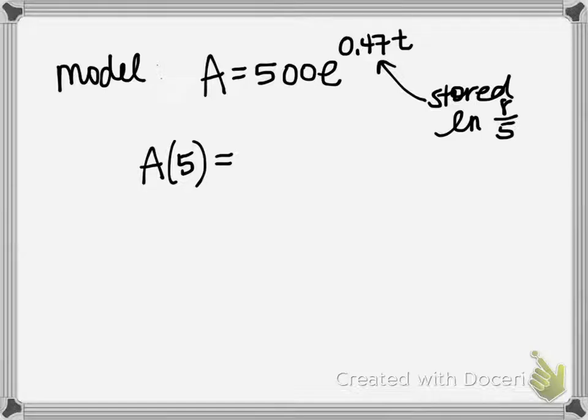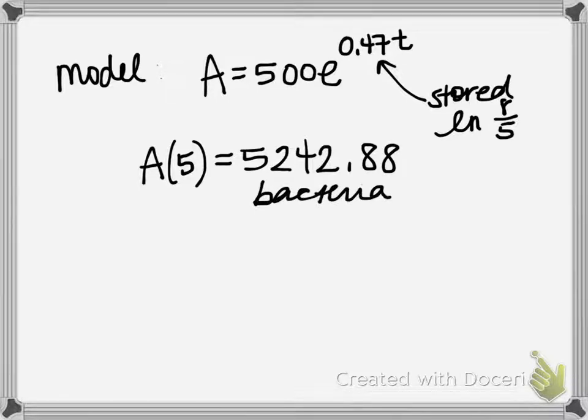I encourage you definitely to try that now with these videos so that you can be sure that you're not making any careless calculation or calculator errors, I should say. And pause the video if you need to, but checking your calculator against this answer, it looks like we'll have 5,242.88, and that would be the number of bacteria after 5 hours.